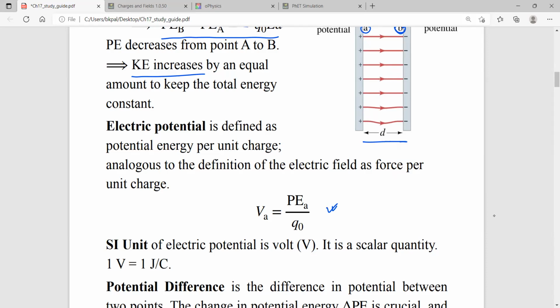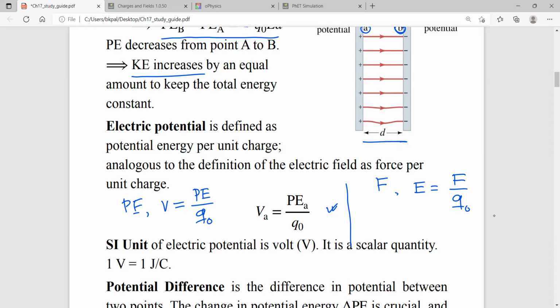It's very similar to the electric field equation: when you know the force, the electric field is force per unit charge. The same thing, when you know the potential energy, the potential is potential energy divided by the test charge.